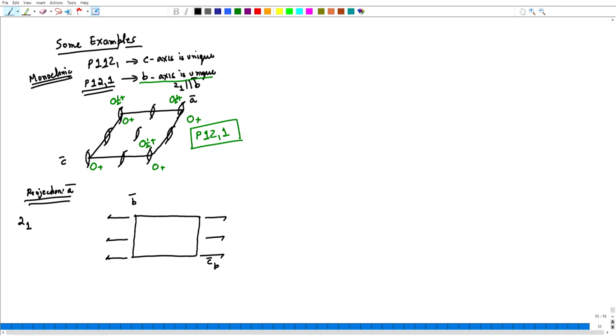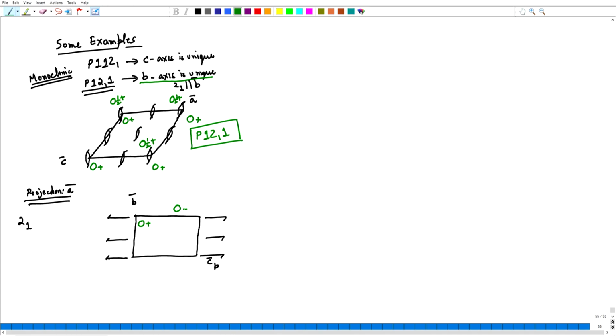Now, if I put a motif, it rotates through 180 degrees and then translates by B by 2. So, rotates through 180, translates by B by 2. Now, this 180 degree rotation will bring it below the plane, there will be no handedness change.